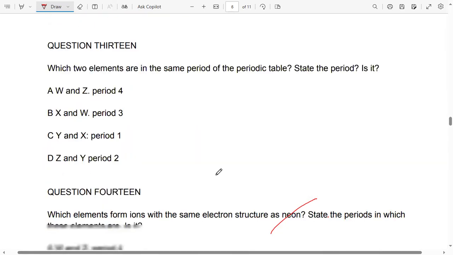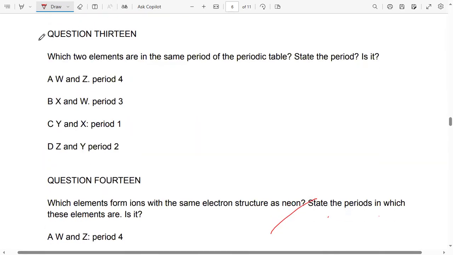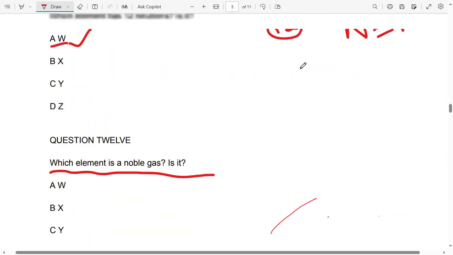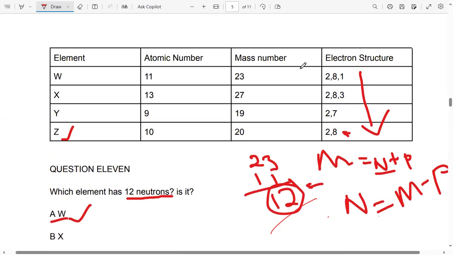Okay, and then question 13, they're asking which two elements are in the same period of the periodic table, and they're also asking you to state the period. So from that table, how can we know that certain elements are in the same period?